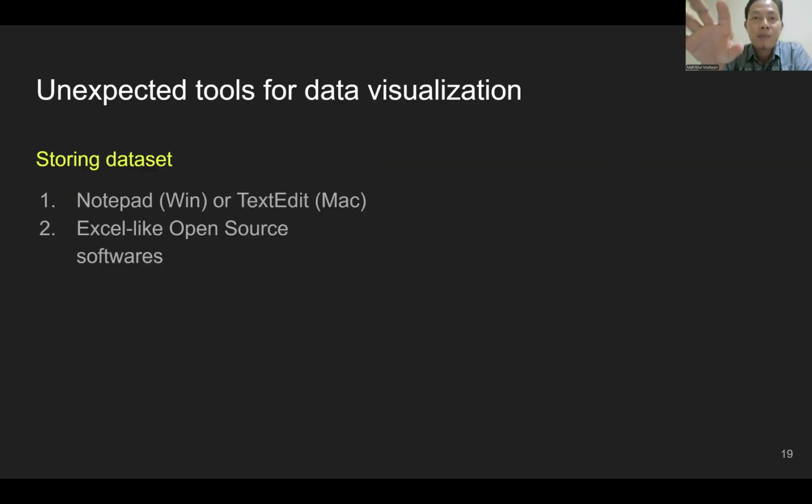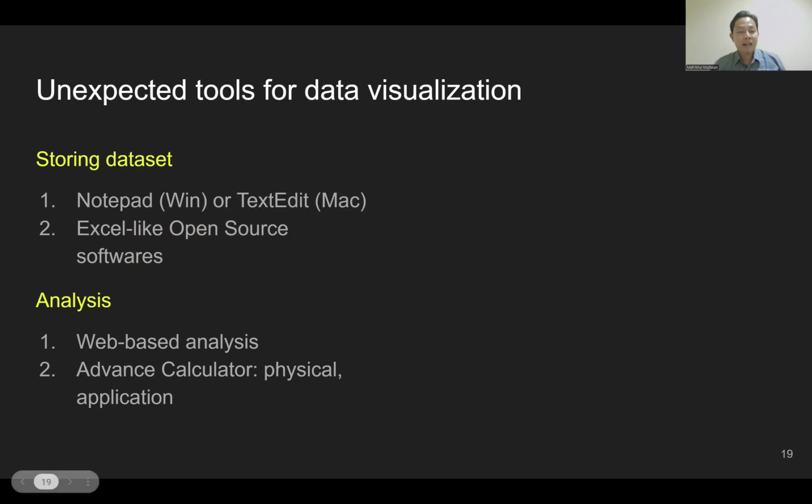Before I explain R, these are unexpected tools for data visualization and storing datasets. I already mentioned Notepad or TextEdit on Mac or other Excel-like open source software. Excel is an Office product, so there are a lot of open source software similar to Excel. And for analysis, if you are used to SPSS, for example, you can also check web-based analysis or just an advanced calculator.